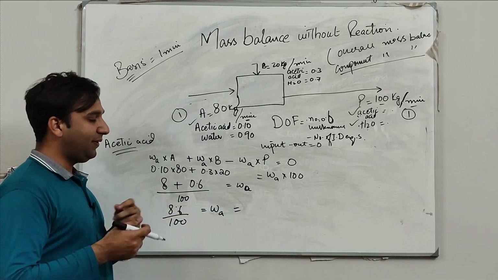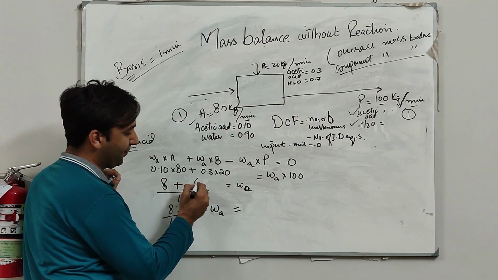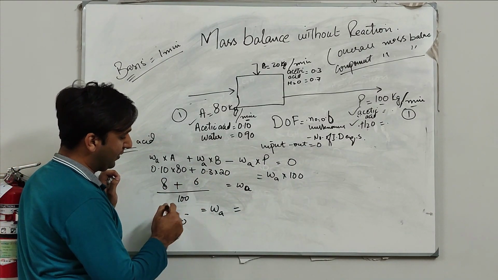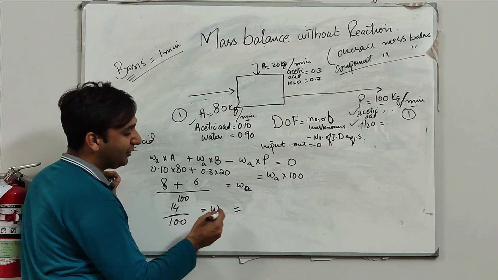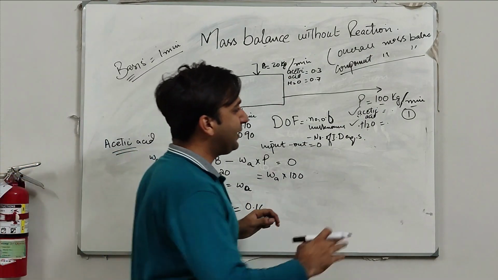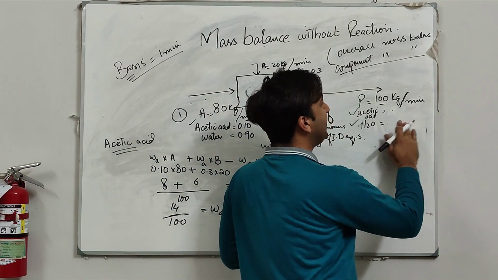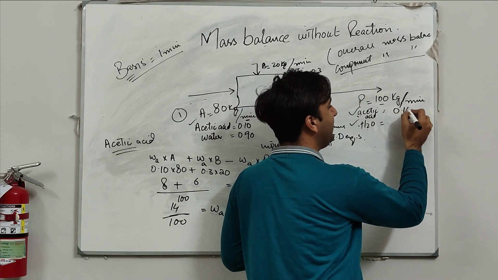So after solving it, sorry, I had done a wrong thing. It is 6. So here it will be 14. So if you solve it, WA will become 0.14. So here you can write the weight fraction as 0.14.